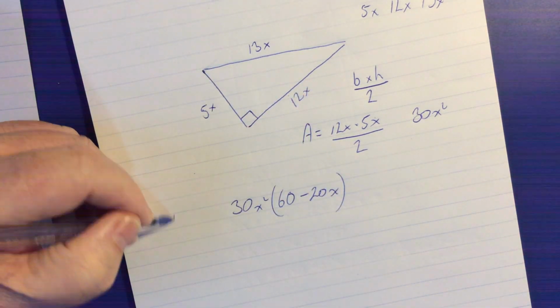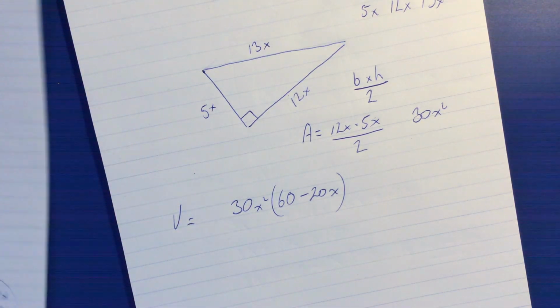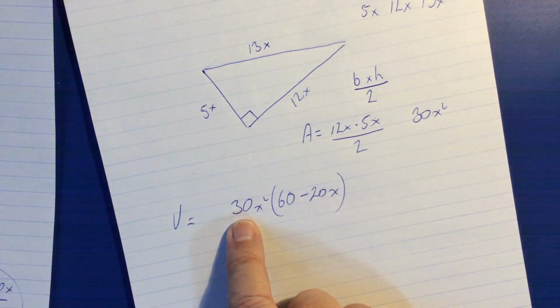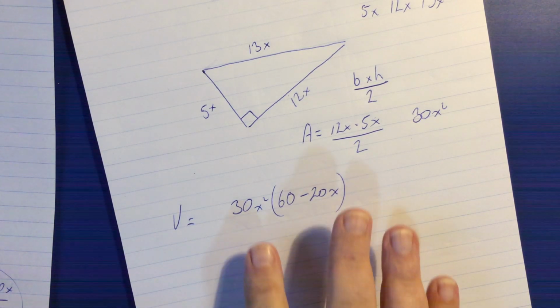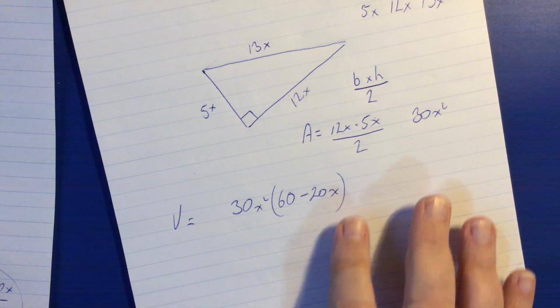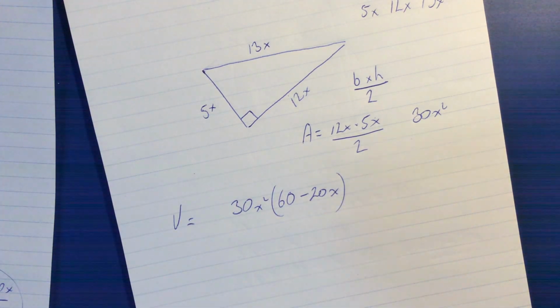That is what the volume is equal to. That is the base, the area of the base, times the height. But we're not finished. There is much more fiddling about to do, because in this form it doesn't make it easy for us to answer question 3 and question 4.